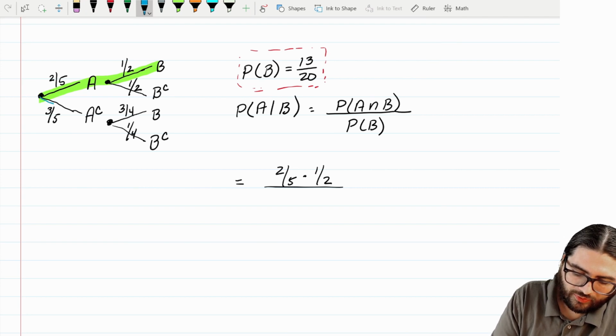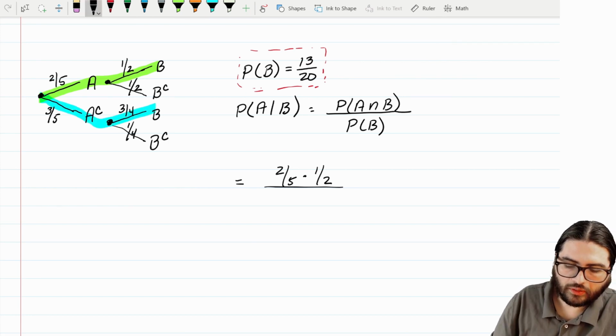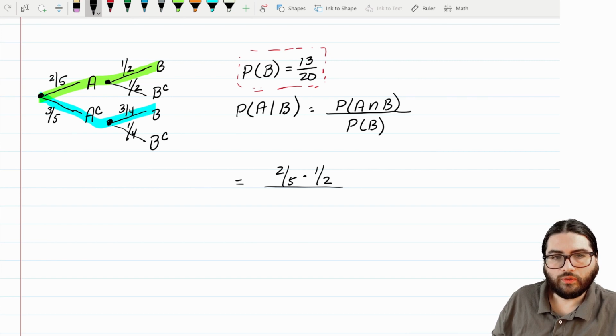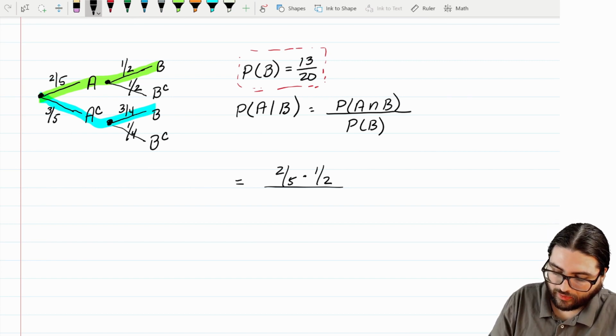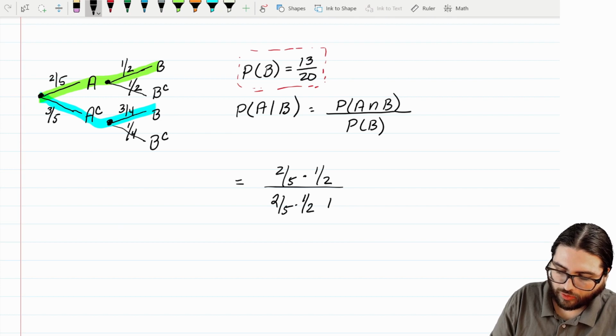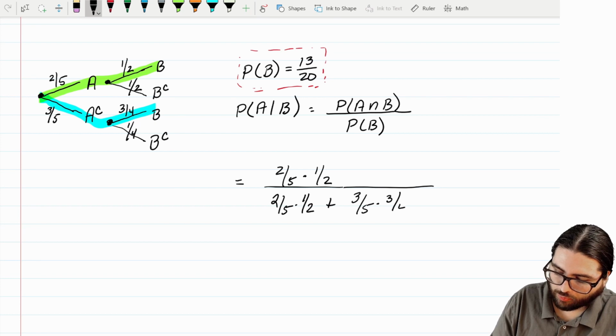And what sometimes I see students do, because they don't want to do this as two different steps, they'd rather say, "Professor, can I do all that in one step?" Absolutely. I would say, well, you've identified the path that leads to the result you want, but on the bottom of the fraction, you also have to include the path or paths that lead to the same prior result.